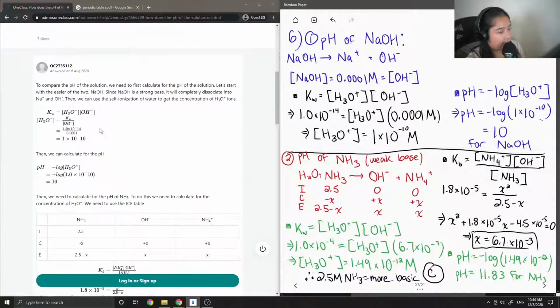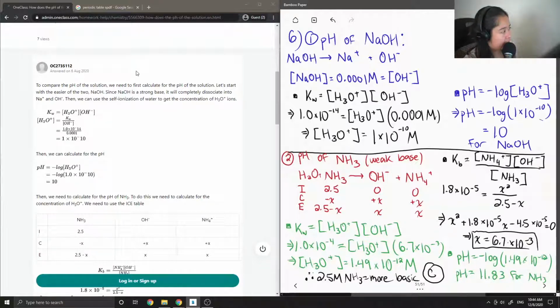The junior tutor said to compare the pH of the solutions, we need to first calculate the pH of each solution. Let's start with the easier of the two, NaOH. Since sodium hydroxide is a strong base, it will completely dissociate into sodium plus and OH minus. Then we can use the self-ionization of water to get the concentration of H3O plus ions.